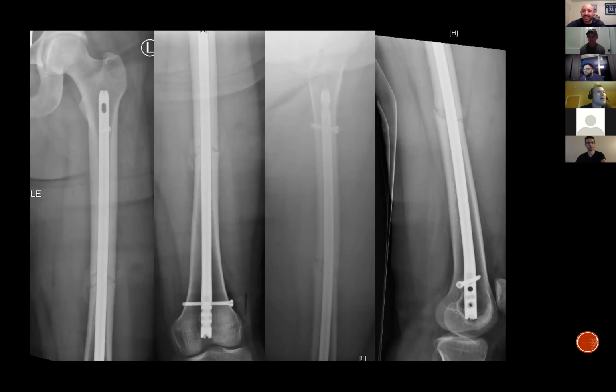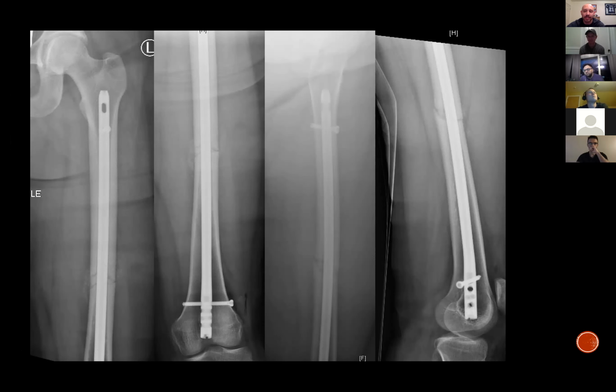Who asked that? Short answer is most of the time we won't use a cephalomedullary nail for femoral neck fracture. You'll most likely either use a sliding hip screw or cannulated screws, or you can do a hemiarthroplasty versus a total arthroplasty.